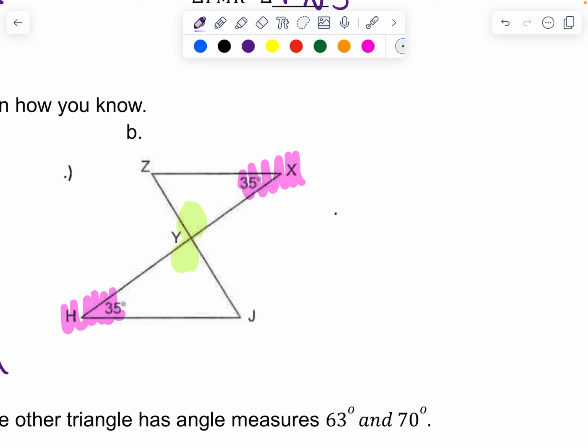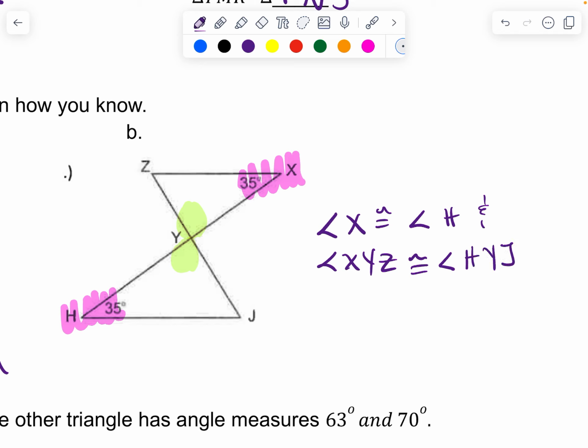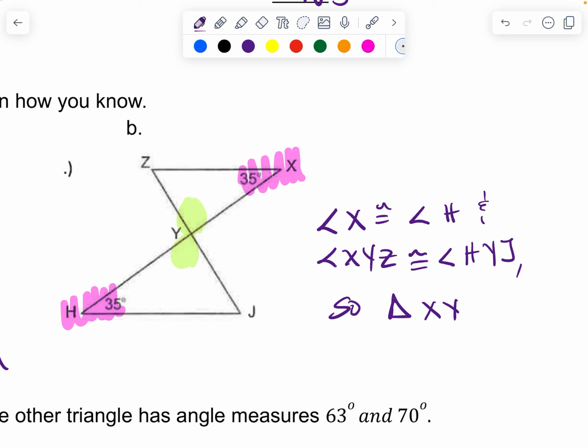Angle X is congruent to angle H, and angle XYZ is congruent to angle HYJ. So triangle XYZ is similar to triangle HYJ.